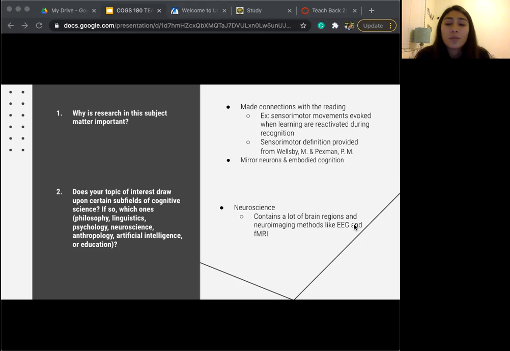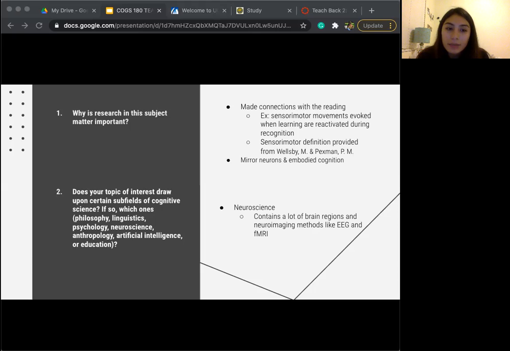And also, when Wellsby and Pexman gave the sensory motor definition, which is experience involving an action performed on an object by a child or through observation. Looking back to the definition given for embodied cognition, it's basically a theory that emphasizes the importance of sensory motor experience that has to be gained through interactions with the world.